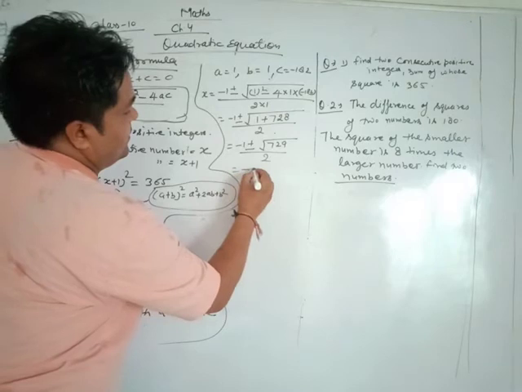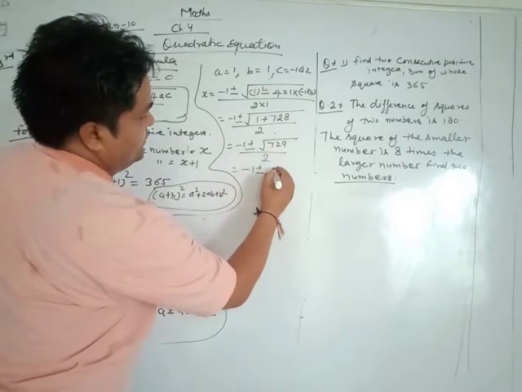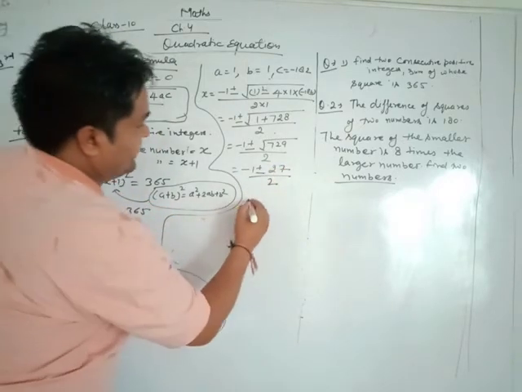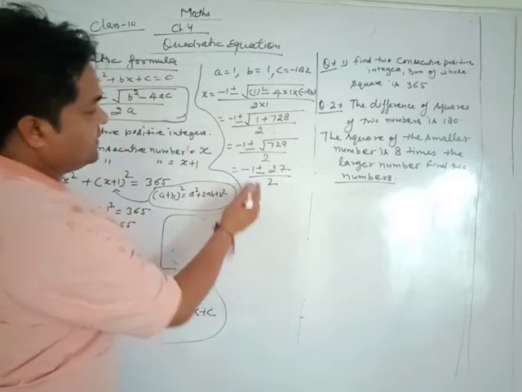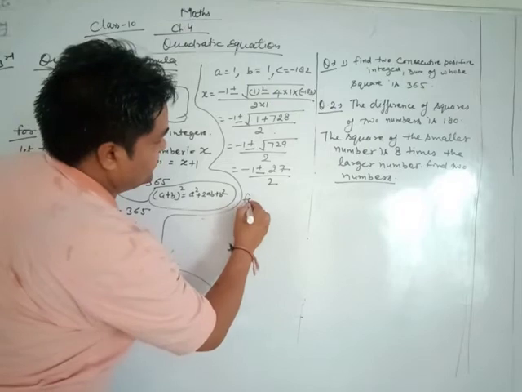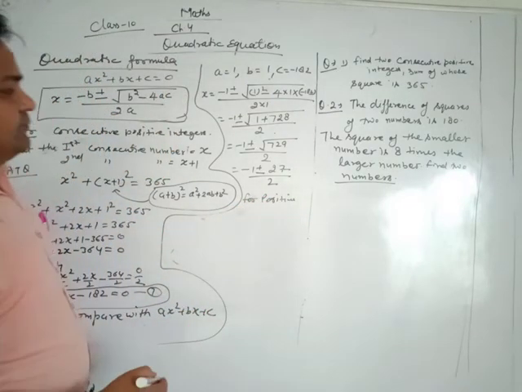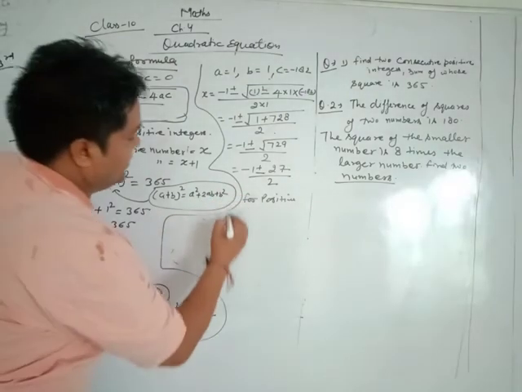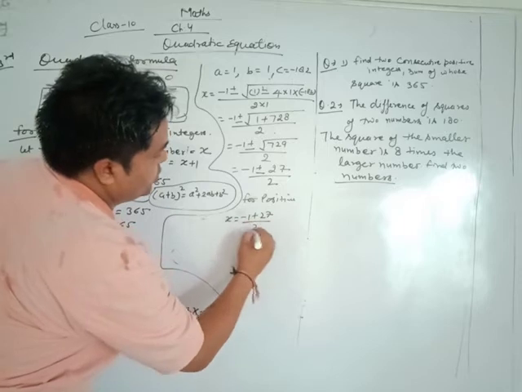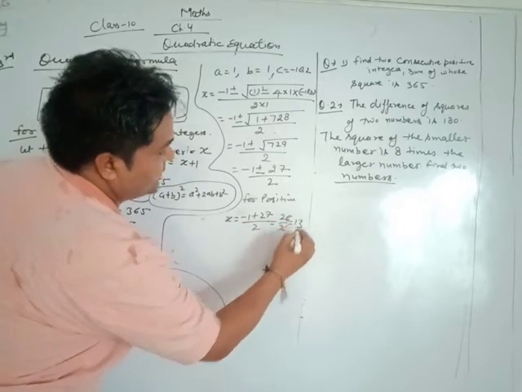Minus 1 plus or minus root 729, that is 27, by 2. Again, firstly, we take the positive sign, and second is the negative sign. For positive, x equals minus 1 plus 27 by 2, equals 26 by 2, equals 13.